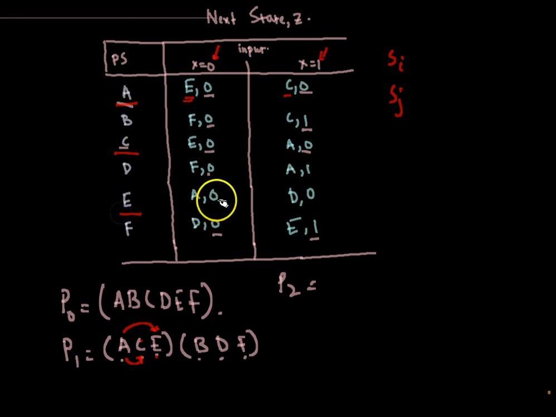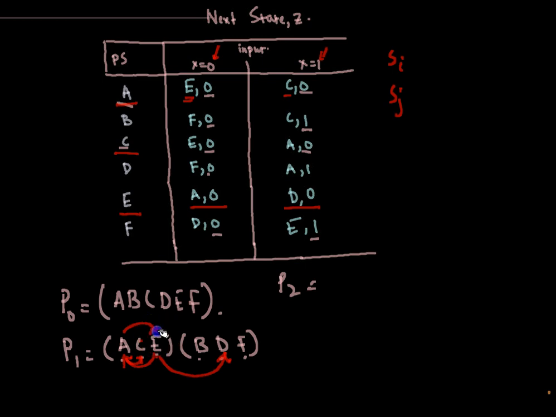Now E: when we are supplying 0 as the second input, it goes to A, and A is in the same set. But when we are supplying 1 as the input, it goes to D, and D belongs to the other set.